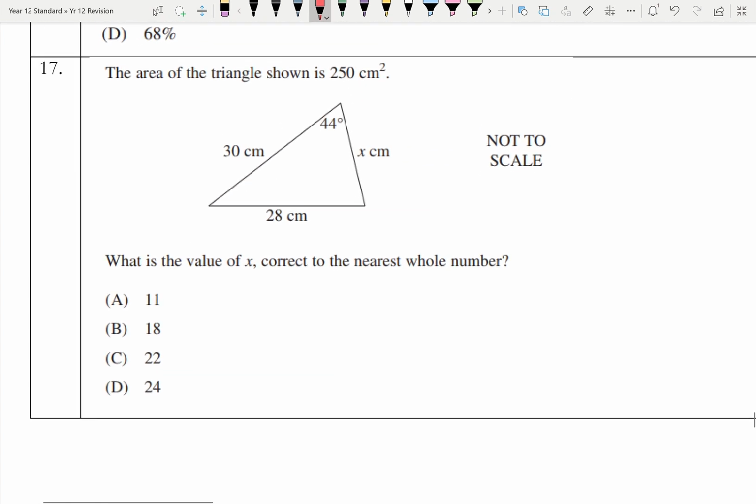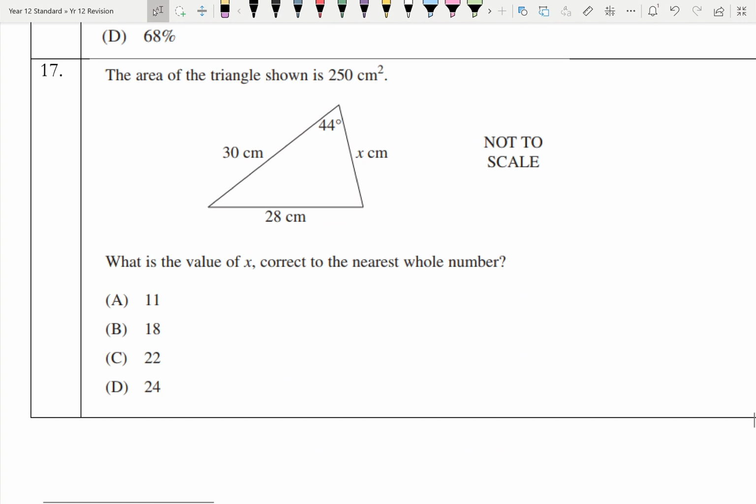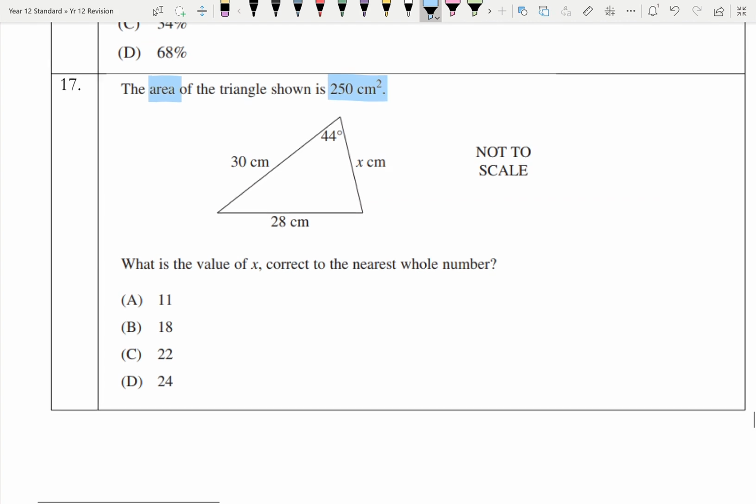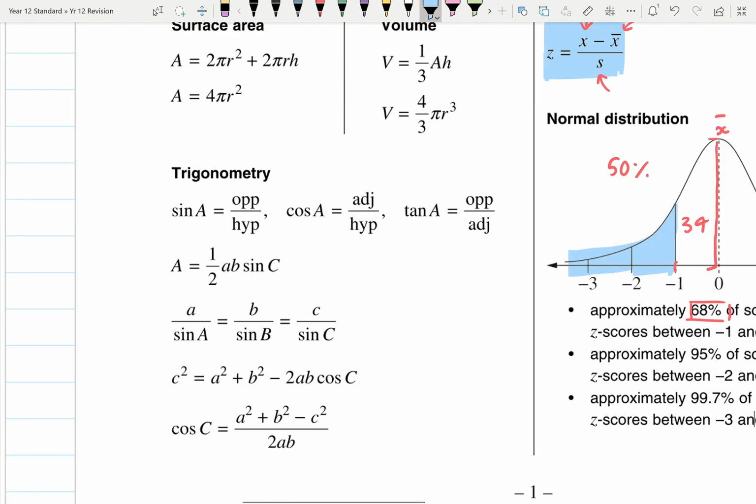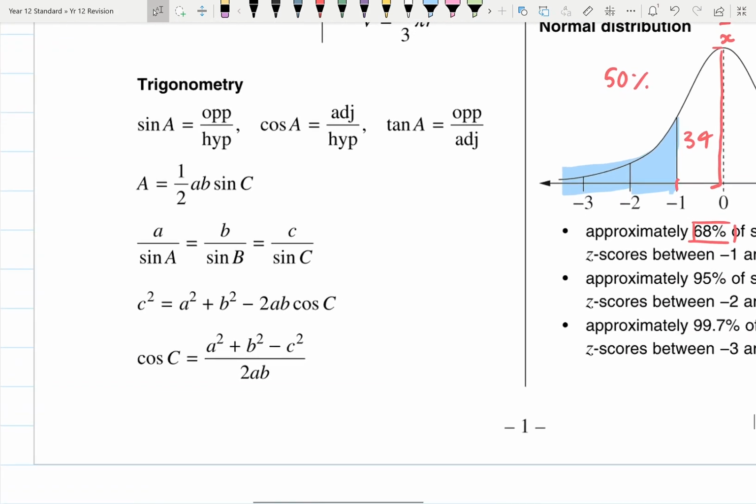Lovely. So the next one, we've got the area of the triangle is 250. Now straight away, when you see area of a triangle, and it's actually given us a number as well, we're again going to go straight to our reference sheet. We're talking about triangles, so we are finding trigonometry.